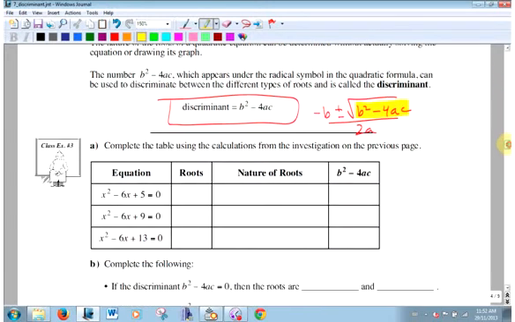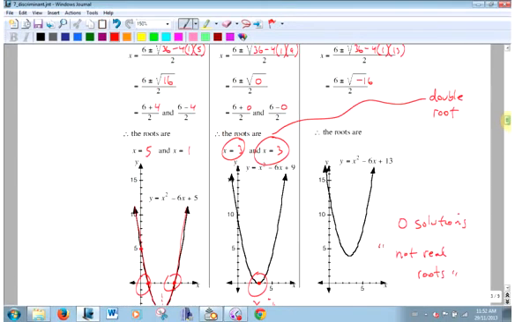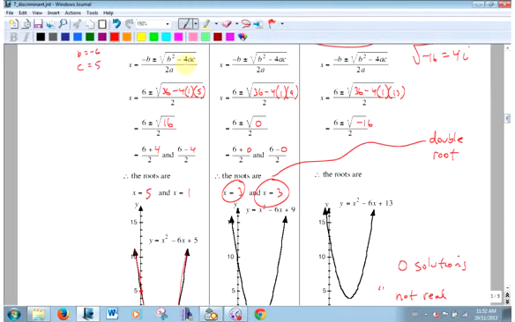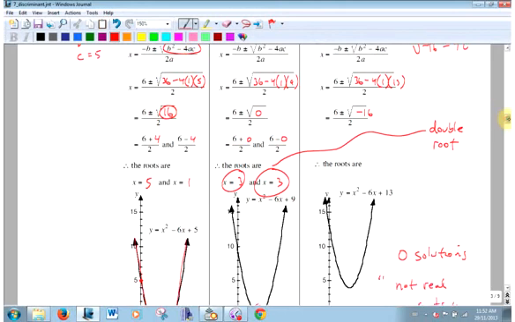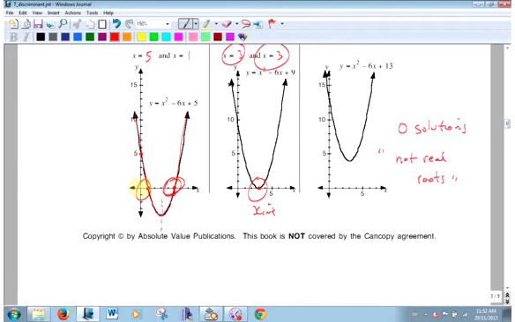Okay? So, complete the table using the calculations from the investigation. This was equation number 1. That was the first one. What happened? What was the value of my discriminant here? B squared minus 4ac. Okay, that's everything under the radical sign. That was 16, right? And what happened with my roots?